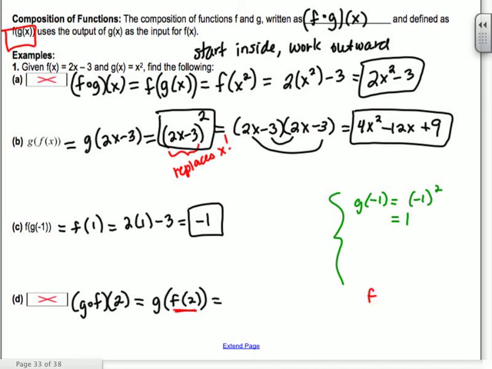So the inside part is f of 2. If you need to go off to the side, f of 2 is 2 times 2 minus 3, so you get 1. That means you have g of 1. G of 1 is 1 squared, which is just 1. So you should get 1.